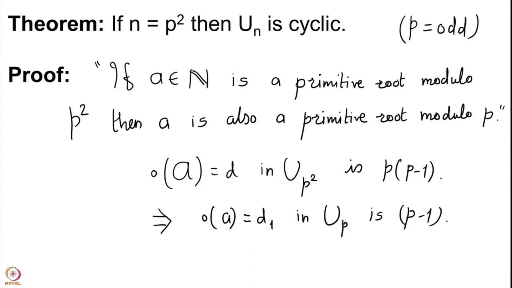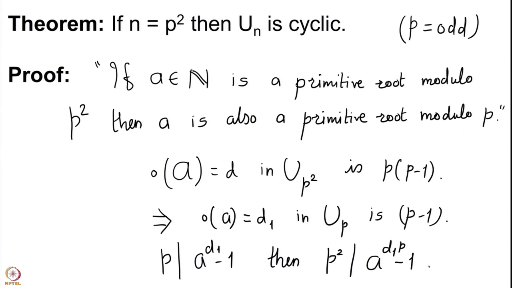So, what we will have to show in this case is that if p divides a^{d1} - 1, then p squared divides a^{d1 p} - 1. This is something that we will have to show. So, this will imply that if you had any smaller d1 inside the group Z/pZ as your order of the element a in Up, then the order of a in U_{p^2} will have to be smaller than p(p-1).